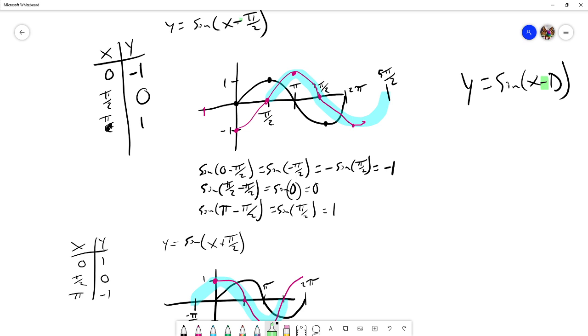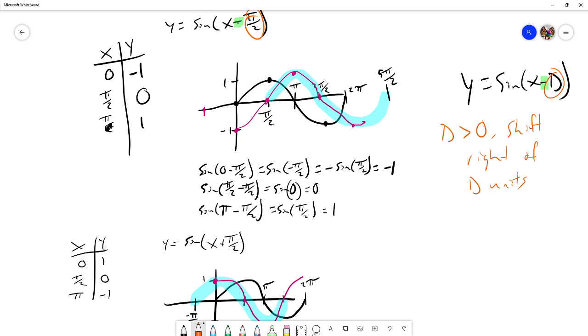That minus sign is taken into account right here, which means that our d value here is actually going to be positive. So when d is greater than 0, we are going to have a shift right of d units.